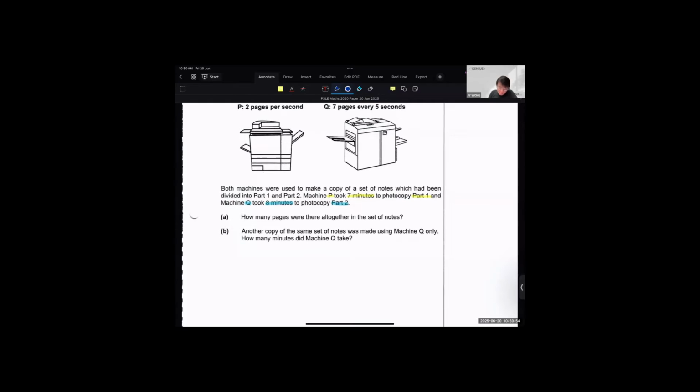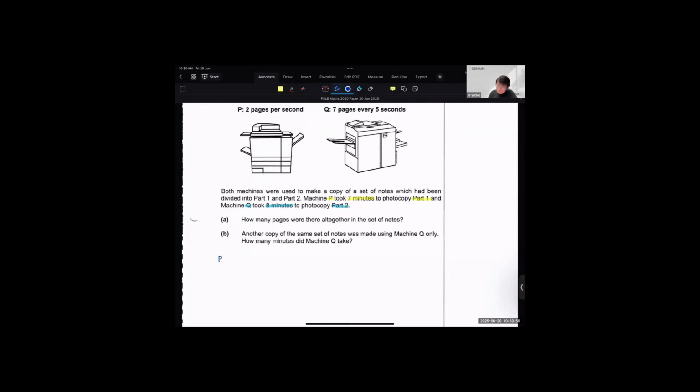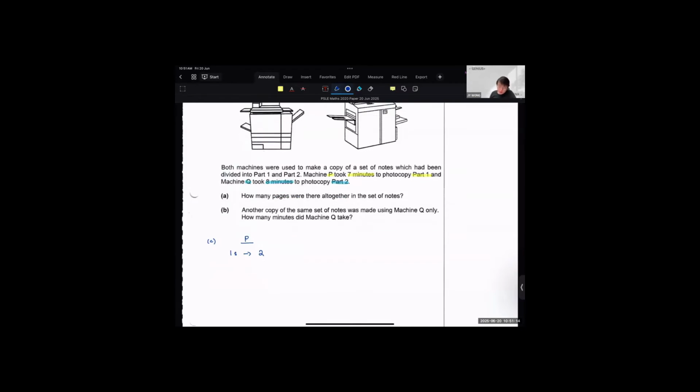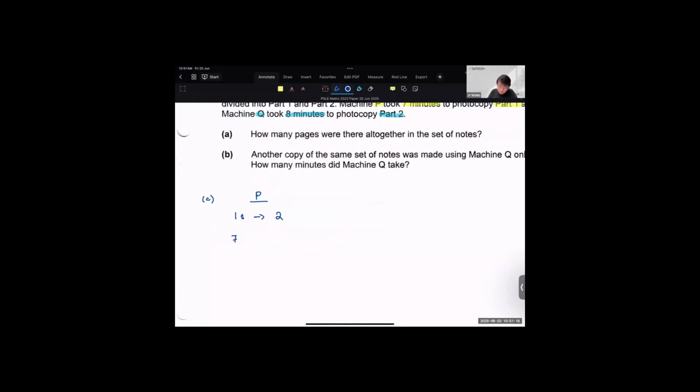What do we know? So let's do part A first. We know that for machine P, the rate is 2 pages per second. So every 1 second is 2 pages. Agree? Machine P took 7 minutes. I hope you know 7 minutes is how many seconds?